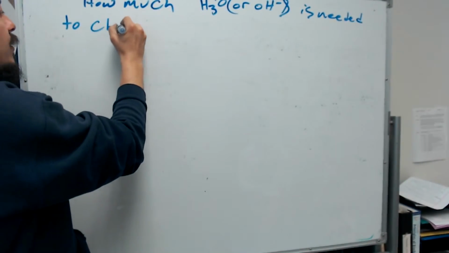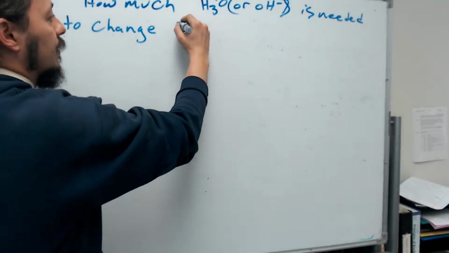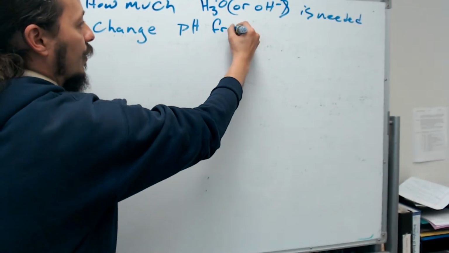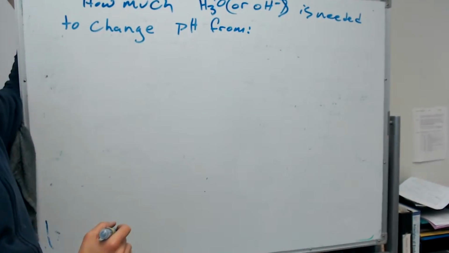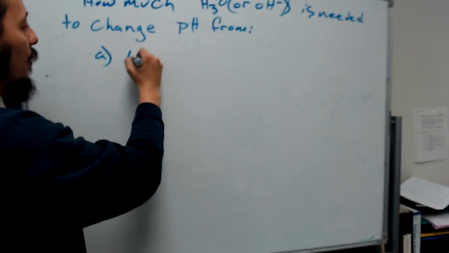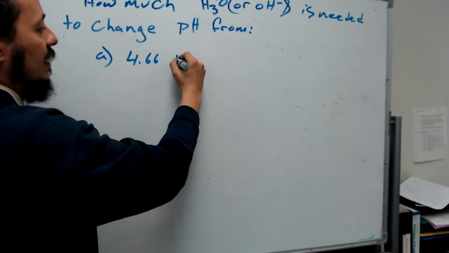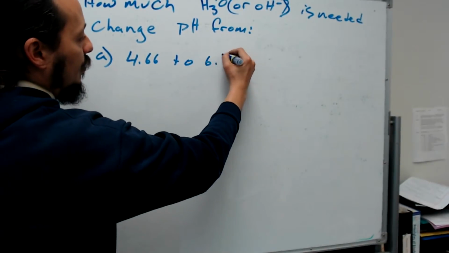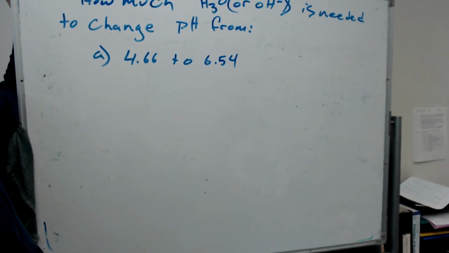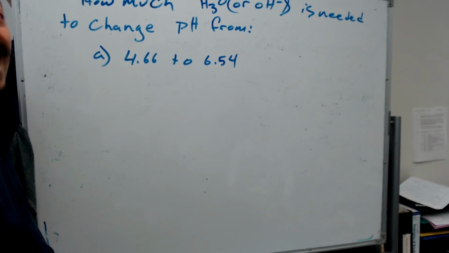to change pH? That's not how you write pH. And we can think of a bunch of different situations here, right? We can think of going from like 4.66 to 6.54. Will it ever cross the threshold? Yes.